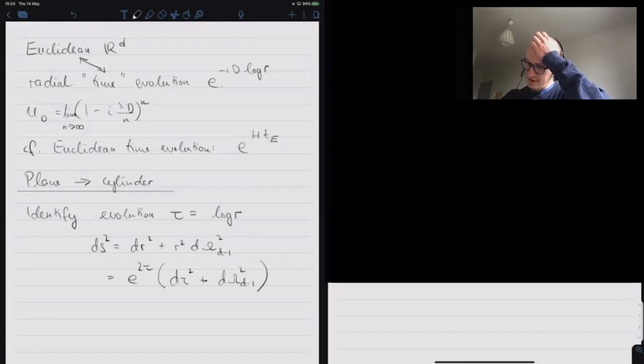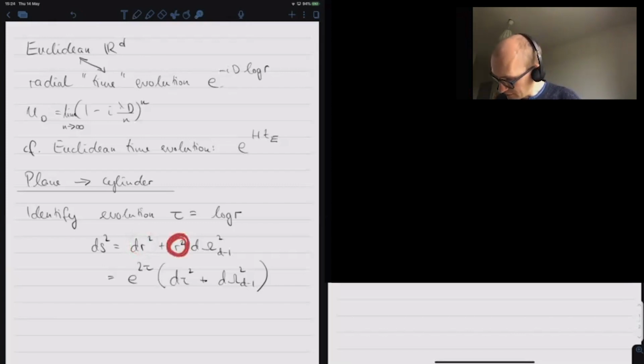Because it's dr over r, excuse me, that gives you d tau. So you can factor out the r squared, which is e to the 2 tau, and then you get dr squared over r squared, which is just d tau squared. Now the metric that we have found is precisely the cylinder. This is what we call the cylinder.